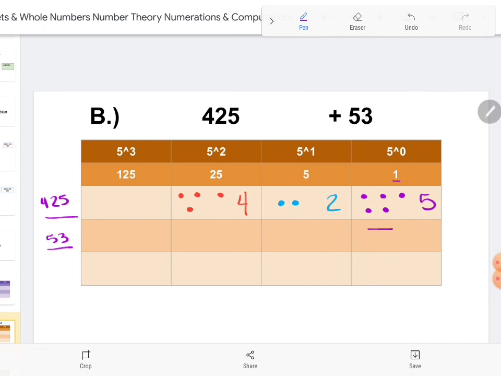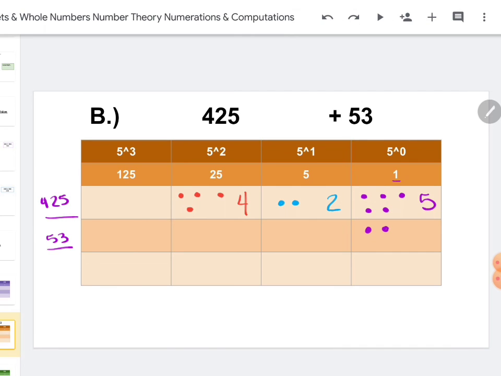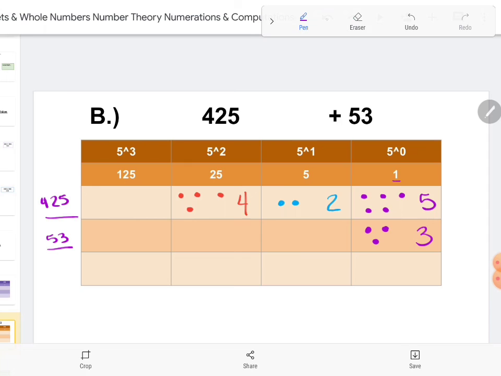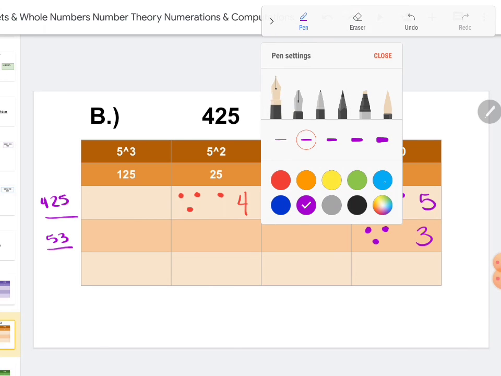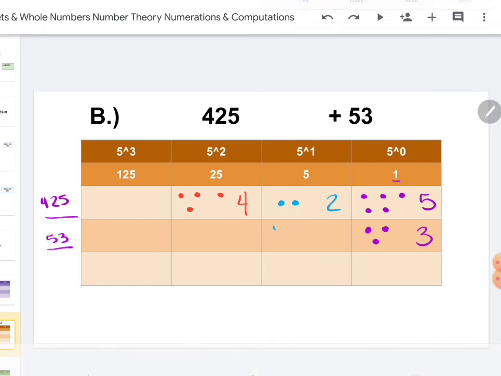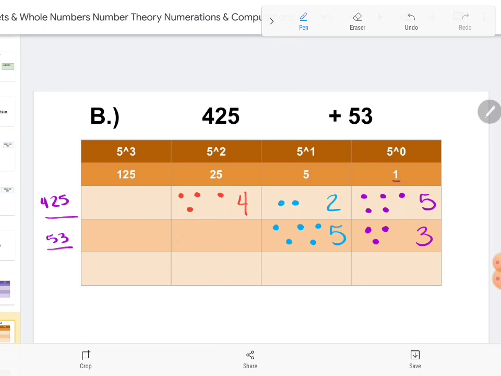So for 53 in our ones place, we have 1, 2, 3. In our tens place, we have 5, so 1, 2, 3, 4, 5. And for our hundreds and thousands place, we don't have anything, so we're not going to mark anything down.